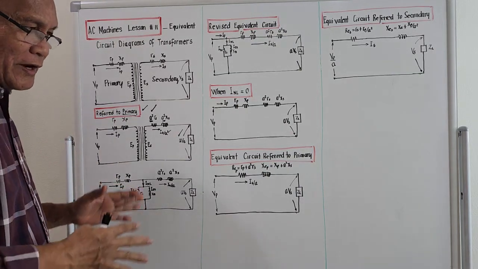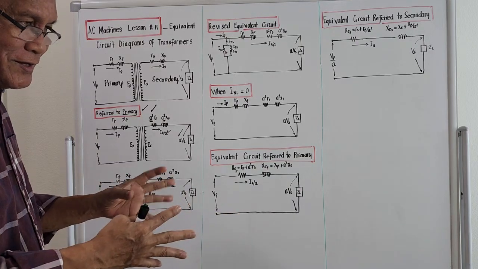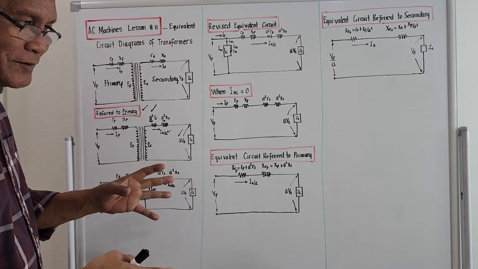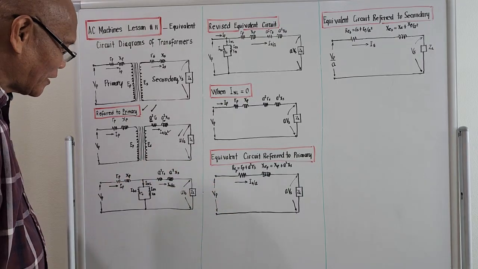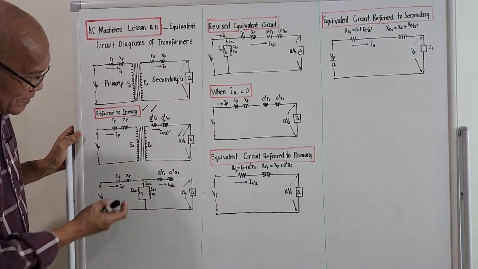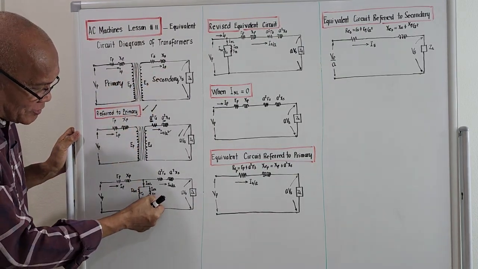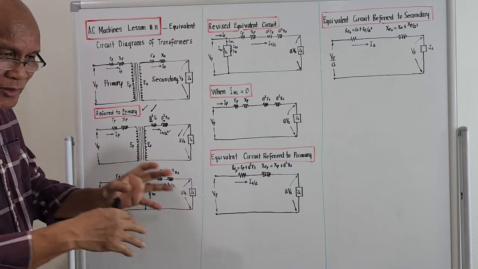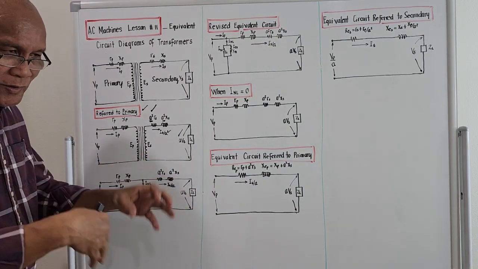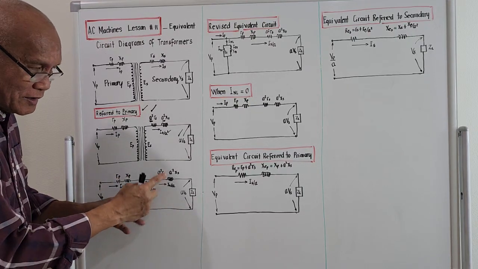What do we call this? Unknown to us. We could not see the so-called no load current. But if we try to draw the circuit diagram of that, it will be something like this. The no load current has two components. It is the excitation current, due to the movement of the flux in the winding, where there is a loss.